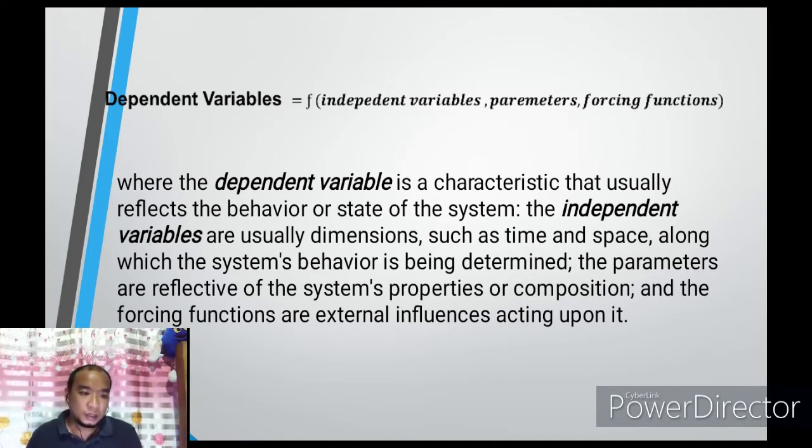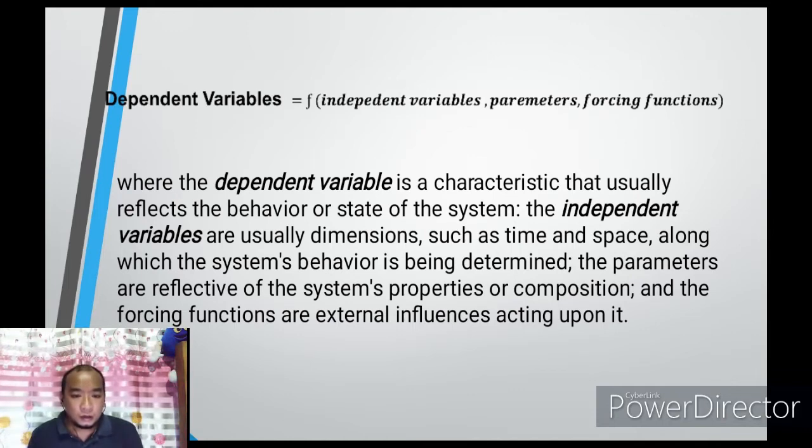The independent variables are usually dimensions such as time and space along which the system's behavior is being determined. The parameters are reflective of the system's properties or composition, and the forcing functions are external influences acting upon it.